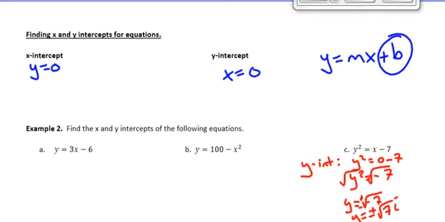That negative actually stands for an imaginary number, or a complex number, so I get plus and minus the square root of 7i. Which means that my y-intercepts are when x is equal to 0 at the square root of 7i, and when x is equal to 0 at negative square root of 7i.